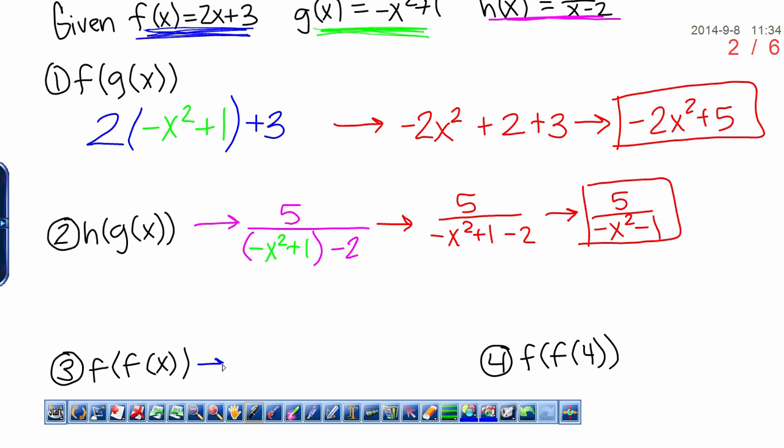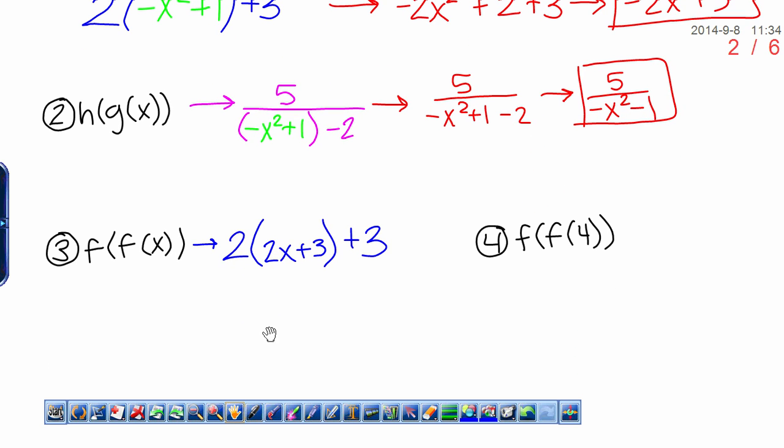So we start with our f of x, which is 2 times our input. But what's our input? 2x plus 3. It's f of x again. So 2 times 2x plus 3, and then I add 3. Now let's simplify. That gives me 4x plus 6 plus 3, which gives me 4x plus 9.